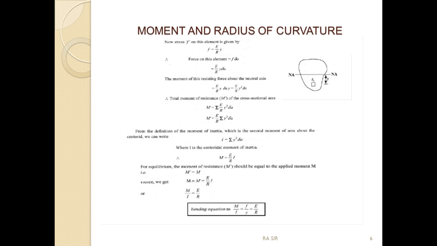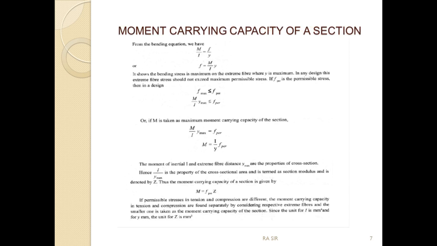Now up to this point we have found all the relations. Now we have to understand how a section or cross section of any beam can carry moment, that is, the moment carrying capacity of any section.